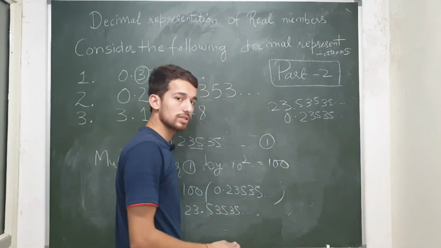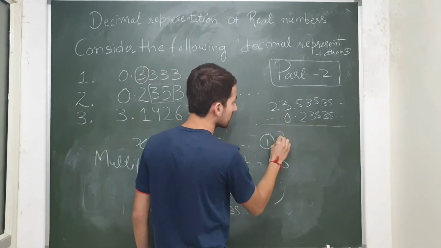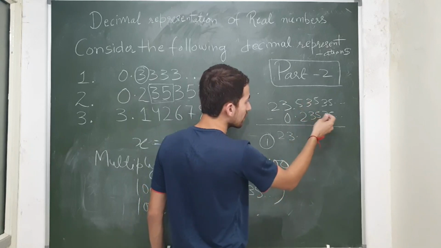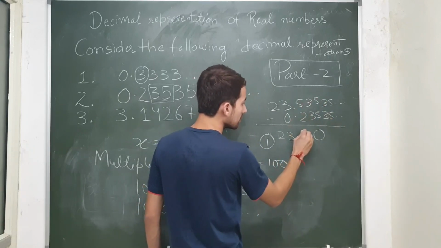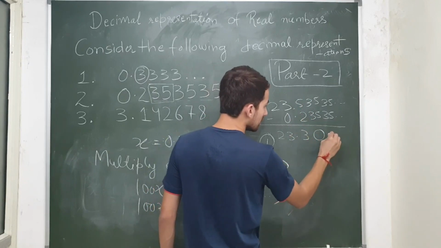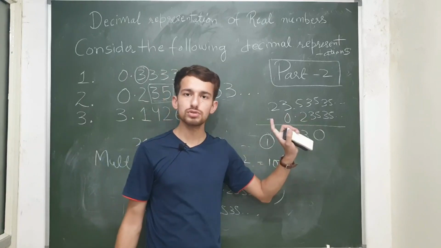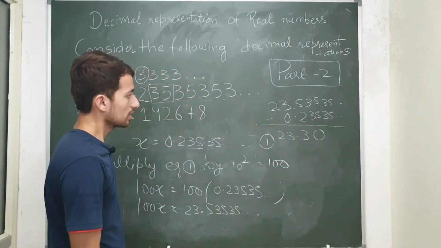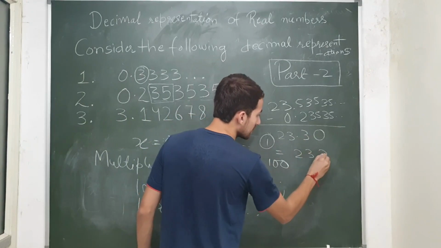If I calculate the difference, the 23 will come as it is, and from here these all will cancel, so certainly they are 0, and from here 3. It doesn't matter whether you write a string of zeros or not because this is simply 0. So what I get finally, I can rewrite it simply as 23.3.